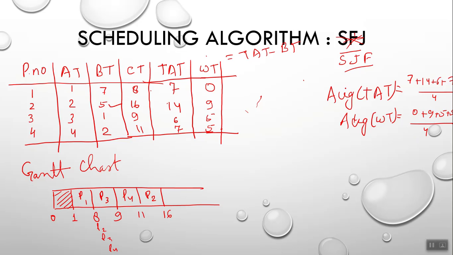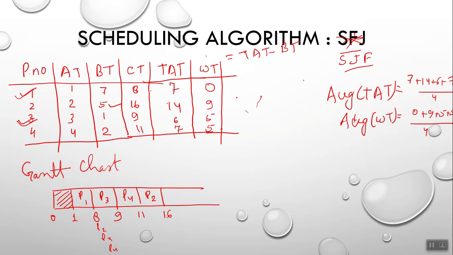If you notice here, we said we use shortest job first, but the shortest job is P3, and yet we first executed P1. Why? Because of the arrival time.